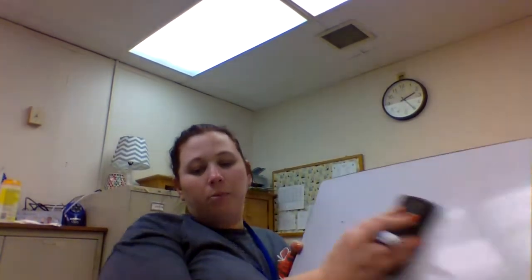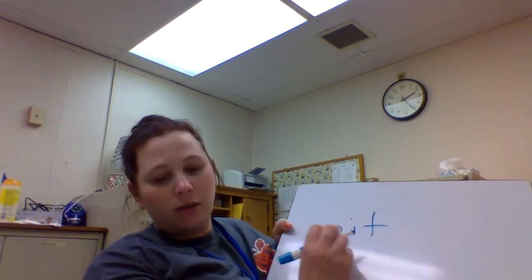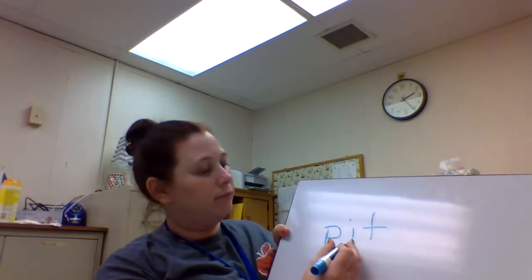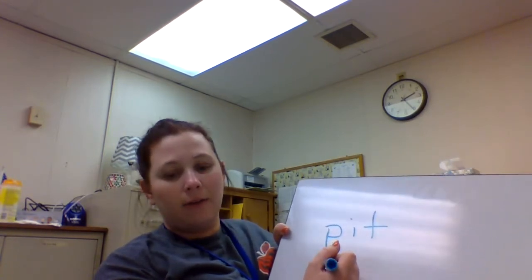Alrighty, let's practice some words. Let's look at this one. We're going to practice coding. So look at this word. Do you see a vowel in it? Yeah, I is the vowel.